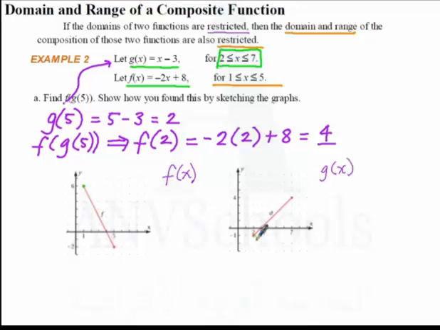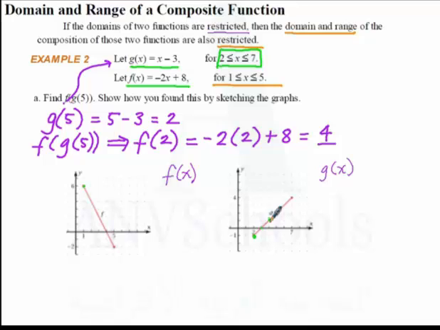So let us highlight the point. If our x is equal to 3, then our g of x is equal to 0, which is somewhere here. If our x is equal to 4, then our g of x is equal to 1. So here.